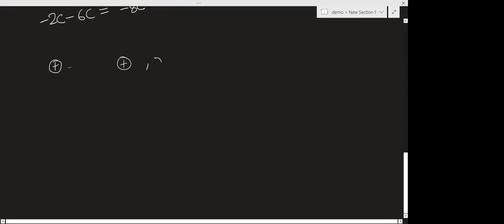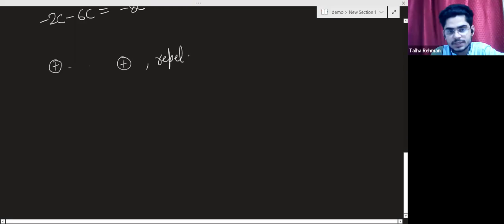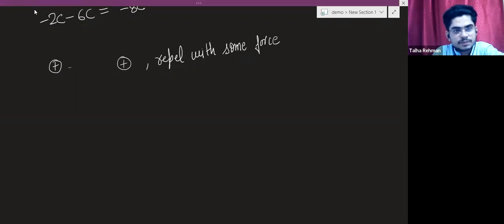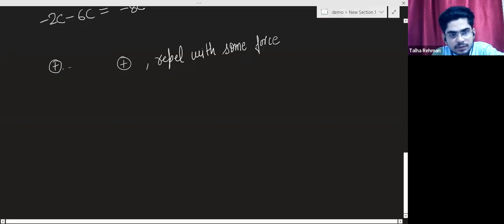Very good. Repel means this charge will try to move that charge away, and that charge will try to move this one away.